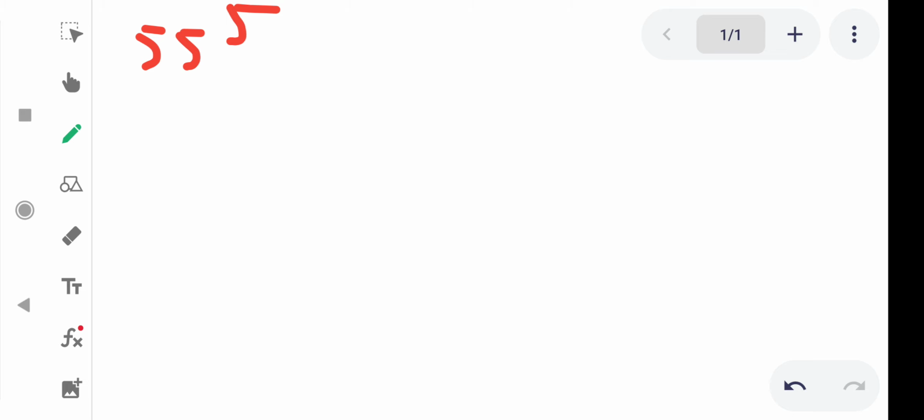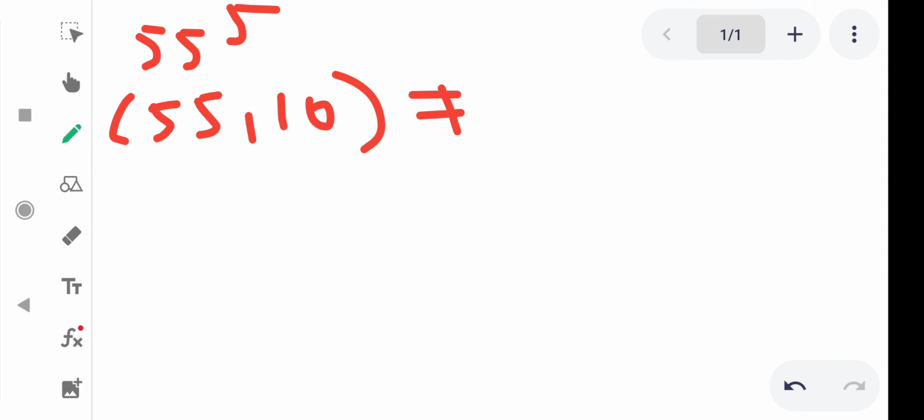To find 55 power 5 mod 10, because the question is the last digit, that is the unit place. Here the GCD of 55 and 10 is not equal to 1, so 55 and 10 are not relatively prime. So 55 is expressed as 5 into 11.